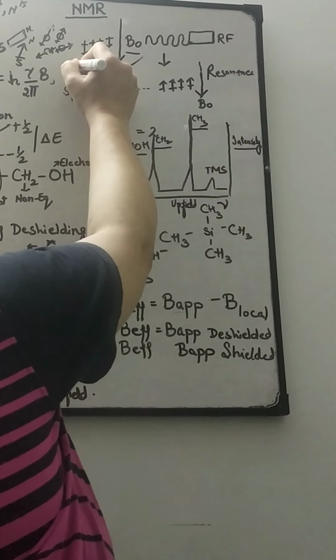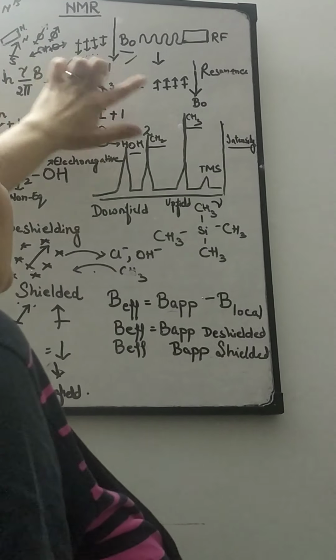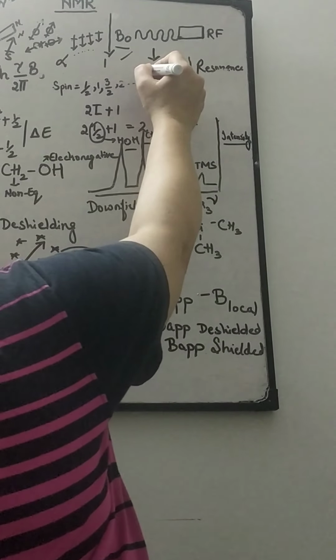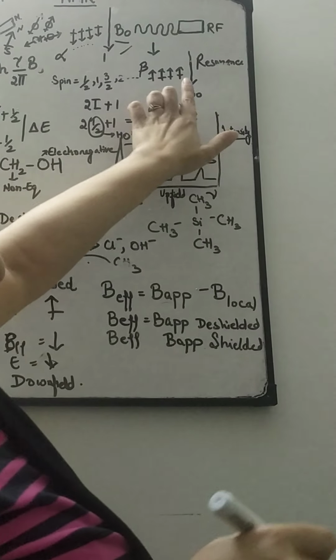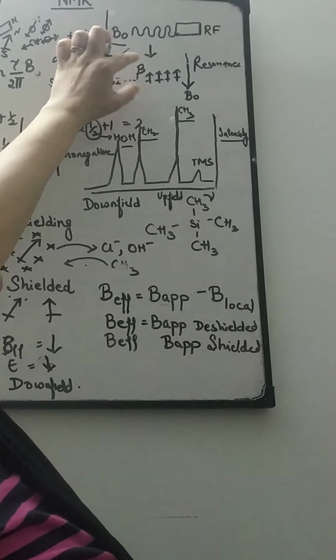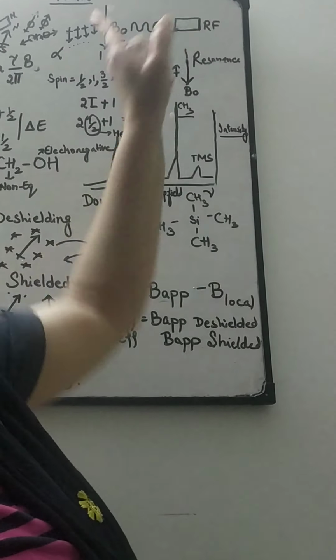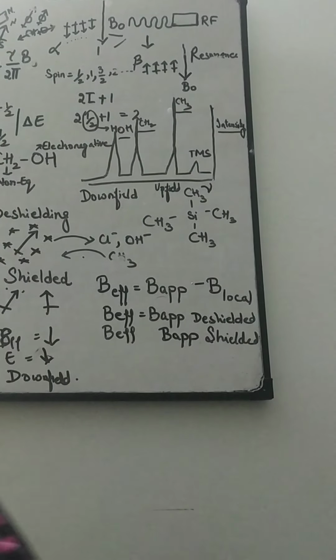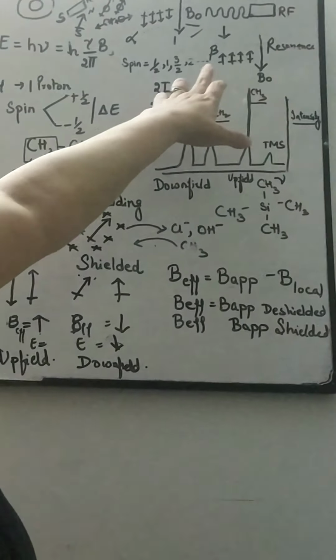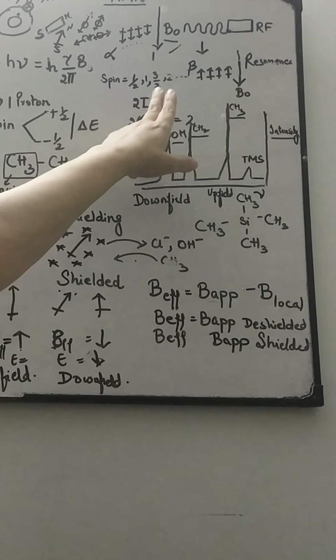This position is known as the alpha position, and then they will be aligned against the field. Obviously, aligning against the field requires a lot of energy, and this energy is provided by the radio frequency, and whenever this condition is reached, it is known as the resonance condition.